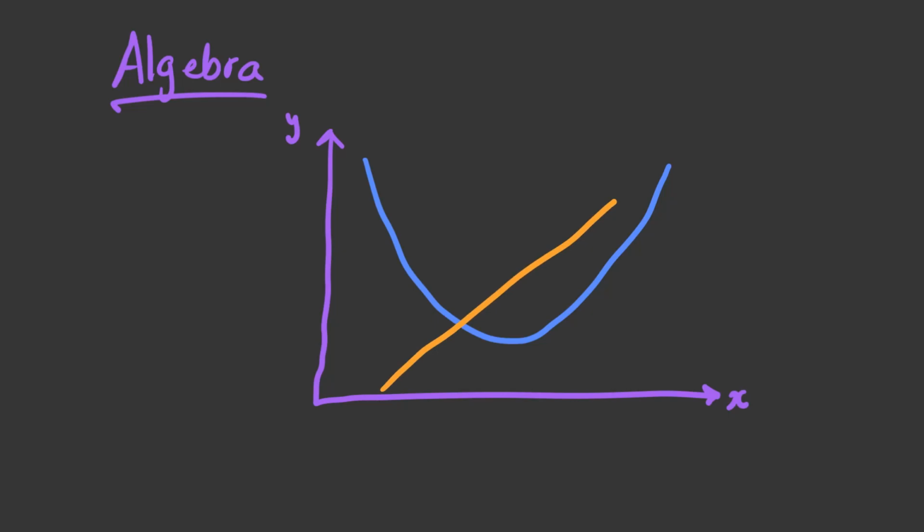What we're going to do is describe these two graphs. By definition, this represents a linear equation, while on the other hand, this curve shown right here represents a quadratic equation.